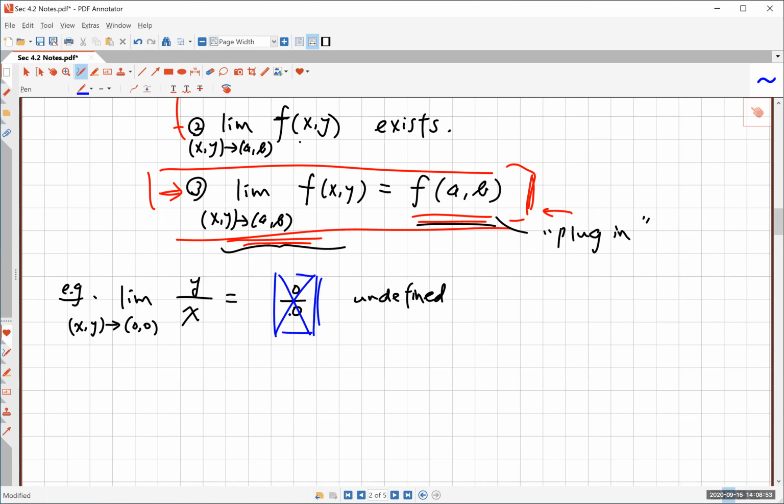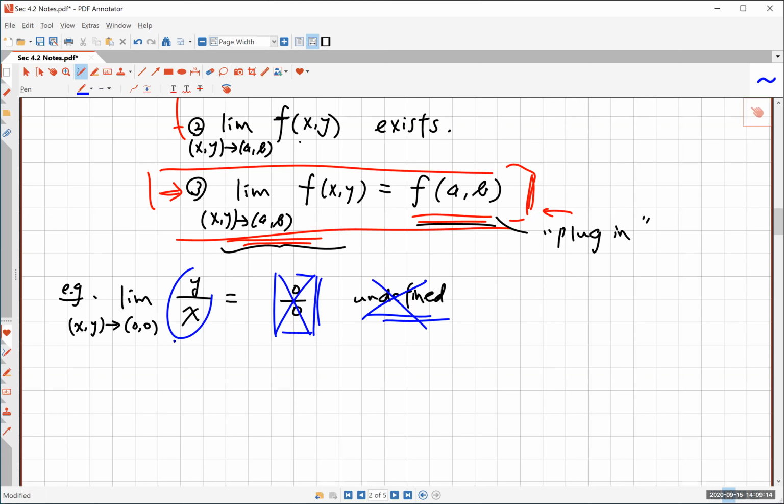Okay, you don't want to say undefined because this limit actually is not quite undefined. I mean, I know what you mean when you say it's undefined because you cannot plug in 0, but that's not the reason why the limit does not exist. There is a reason that the limit does not exist, but that's not because this is undefined.